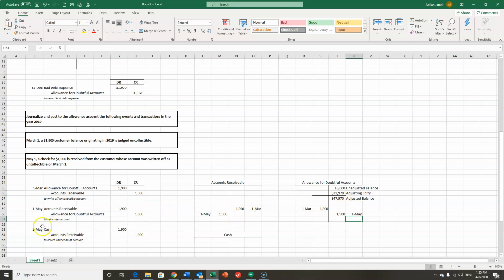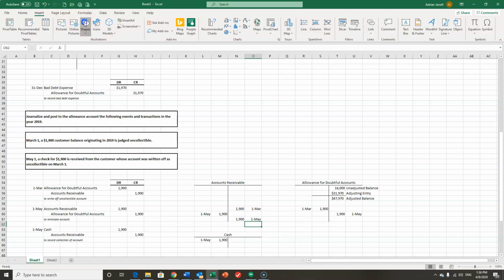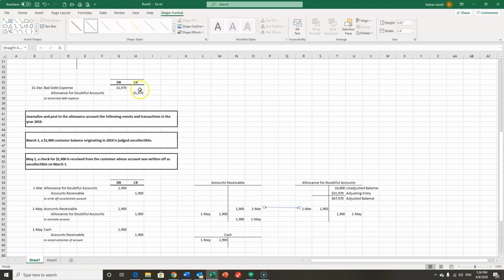putting this account back into our accounts receivable. And then finally, just recording the receipt of cash and taking it out one more time out of accounts receivable. Just going to draw a couple of arrows for us.